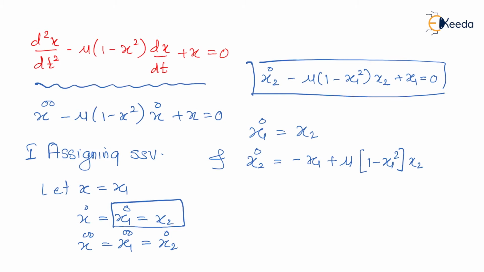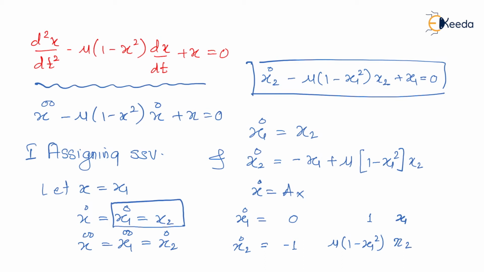Now if I want to write this expression in the form of x dot is equal to A into x, how can I write? x1 dot is equal to 0 times x1 and 1 times x2. x2 dot is minus 1 times x1 and mu, with 1 minus x1 square, times x2.